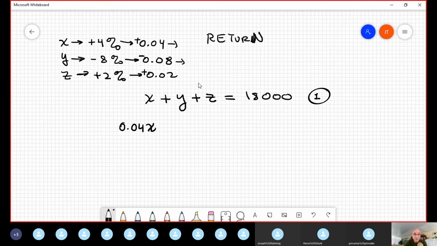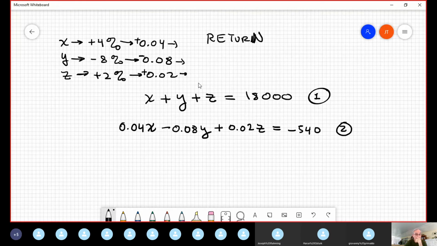The return in this account is minus 0.08Y, and the return in the last account is plus 0.02Z. I hear some noise. Putting off the microphone, please. Good. And the problem says that this is equal to negative 540, because she had a net loss in total return. She lost $540. This is my second equation.